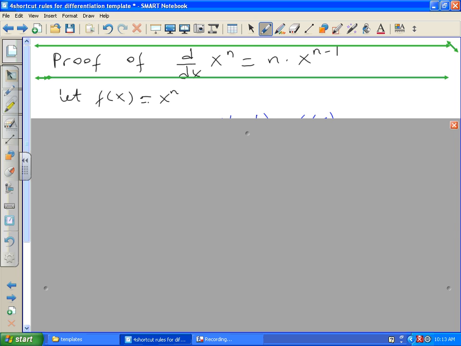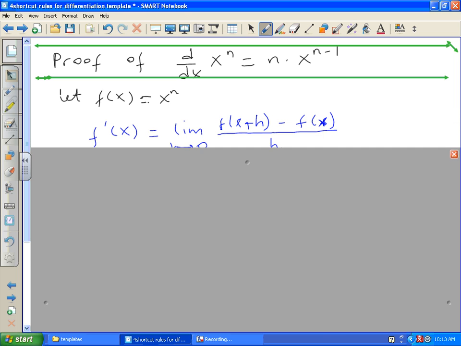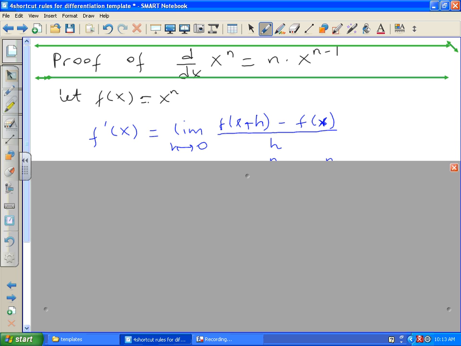Limit as h goes to 0, right? If you have no other way of finding the derivative, you would do the long way, which would be f of x plus h minus f of x over h. If you like this one, just watch this one. Don't try to write it because this is going to be messy. I'm sure it's in your textbook if you need to look at it again. This is just like an FYI. Just know where these formulas are coming from, okay?